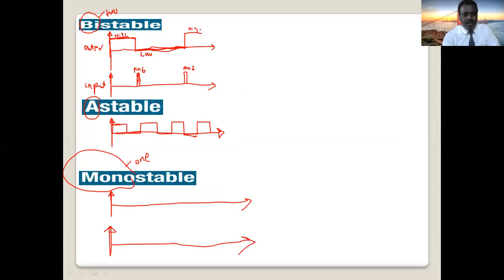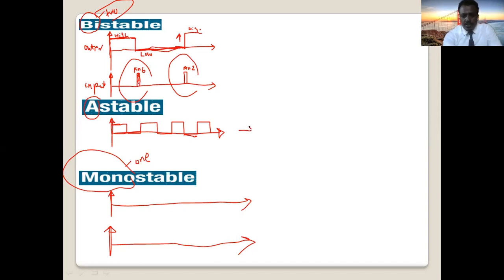Okay, look here, bi means 2, right? Mono means 1. So bi means 2. So to change high to low, we need input. To change low to high here, we need another input. How many inputs needed for bistable? 2 inputs. Here, astable means no input at all.